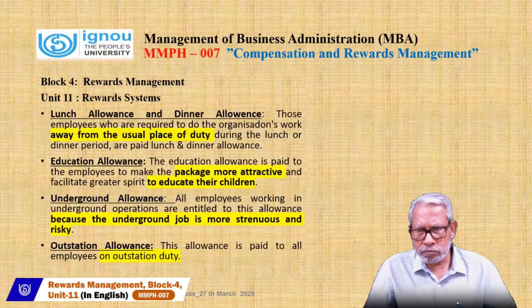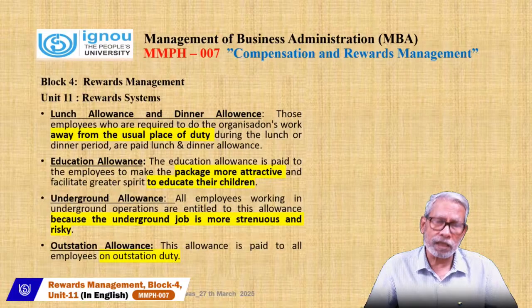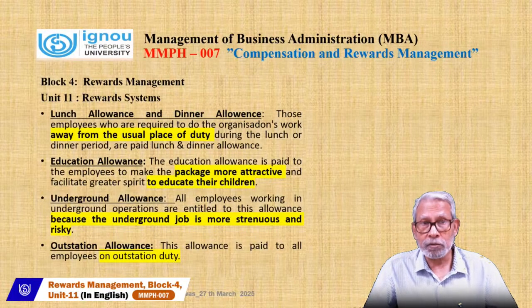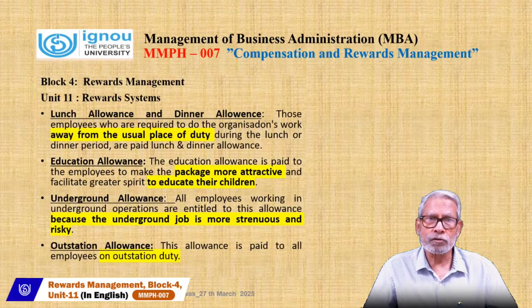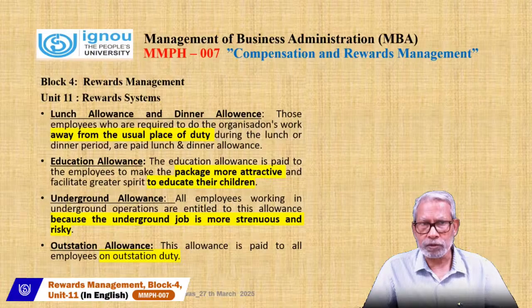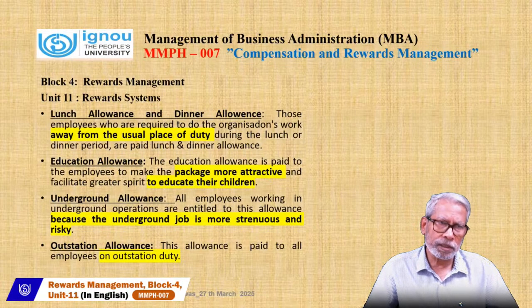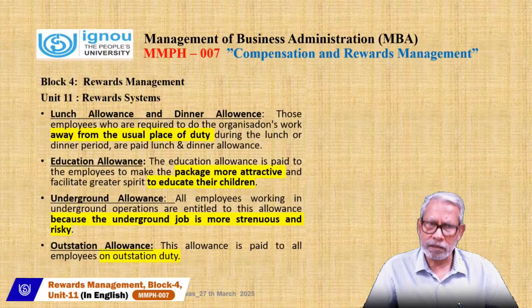Now we have to go for lunch allowances and dinner allowances. Some companies give lunch allowances and dinner allowances also. Those employees who are required to do the organization's work away from the usual place of duty during the lunch or dinner period are paid lunch or dinner allowances.